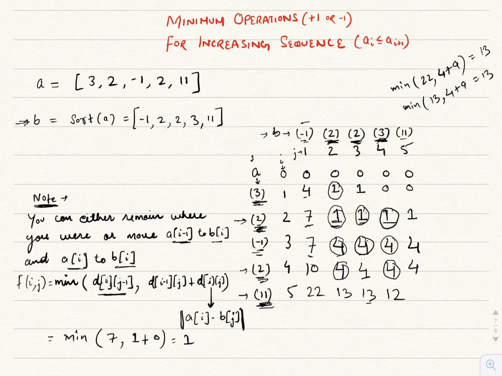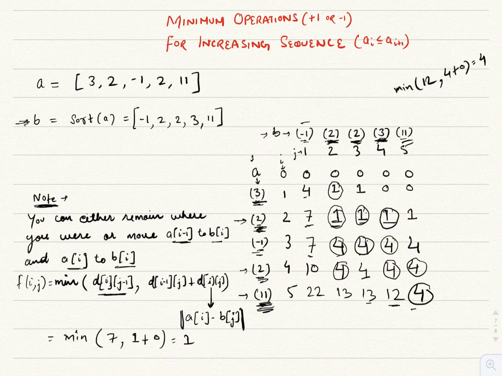So let's see the final element. Either we're going to remain where we were, which is this one, 12, or we're going to take the minimum operation as above, which is 4, plus moving this 11 to 11, which is 0, so it's 4.